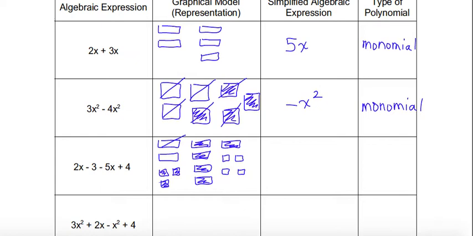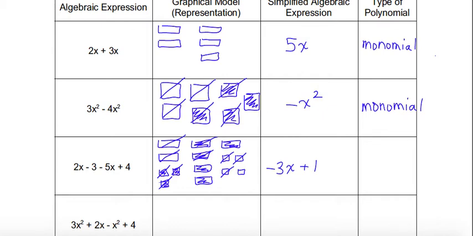So I'm going to cancel out my two sets of the x's, and I'm going to cancel out three sets of my numbers. So what I'm left with is 1, 2, 3 negative x's and one positive constant or one positive number.